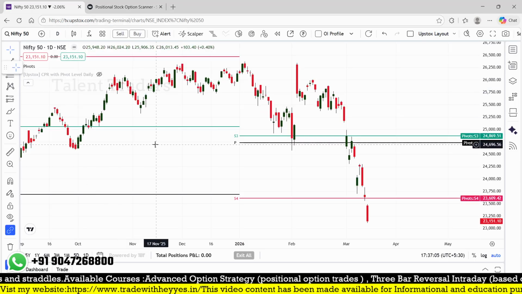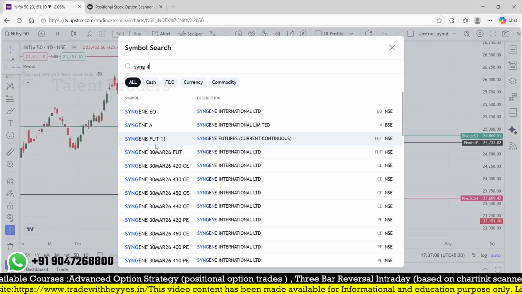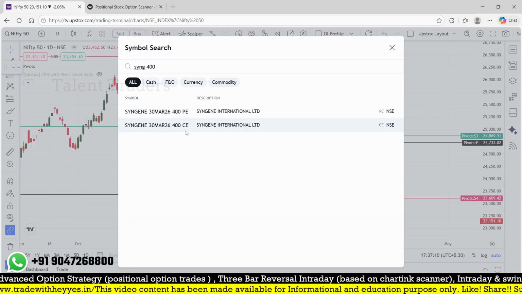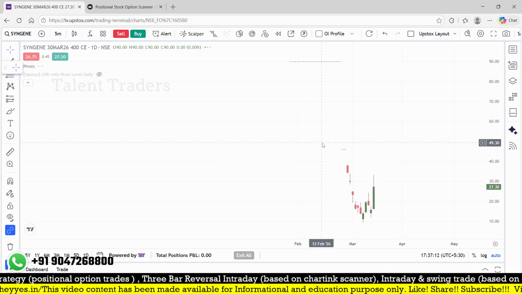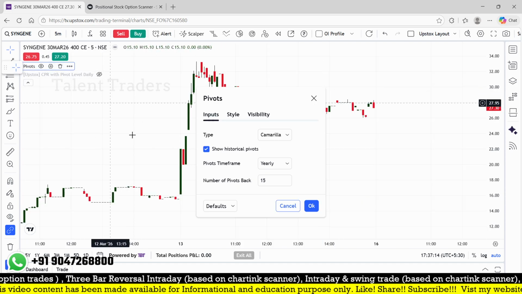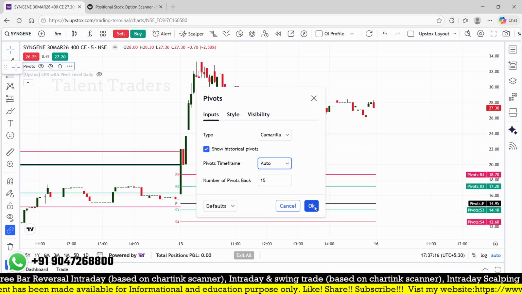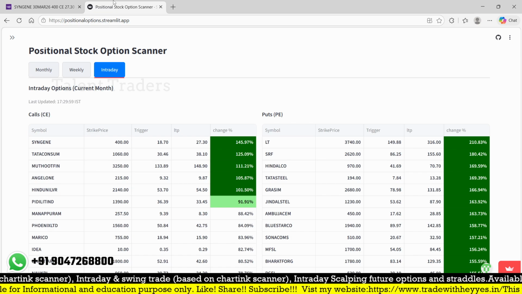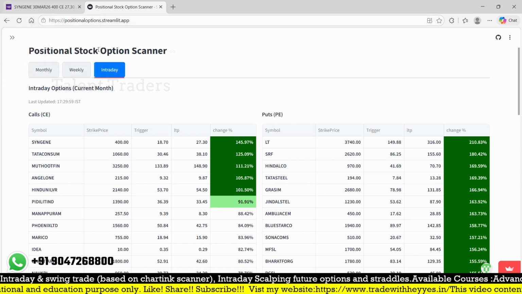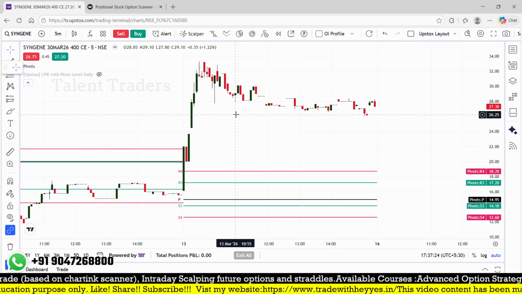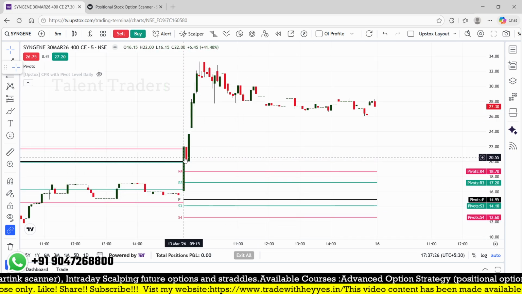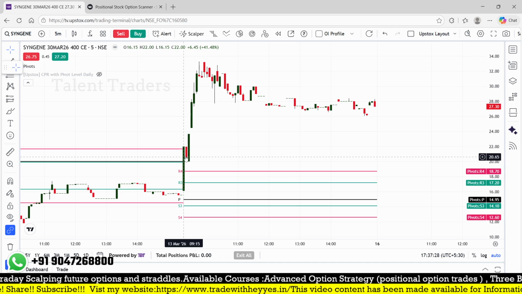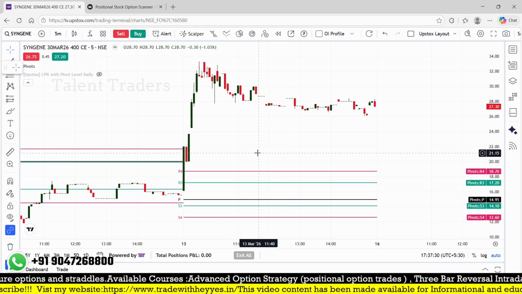Syngene 400 call option. I'm just using the 5-minute chart and I want to change the pivot. It is already yearly. In this 5-minute chart you can look at this Syngene 400 at 18.7. At 9:50, just a moment.